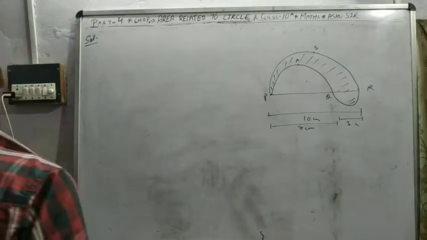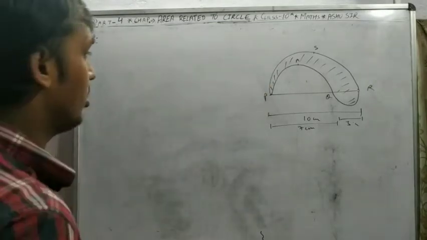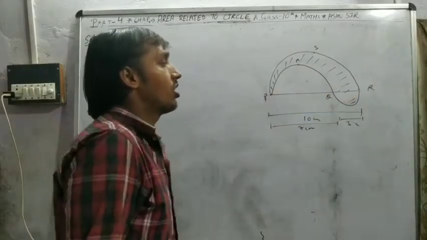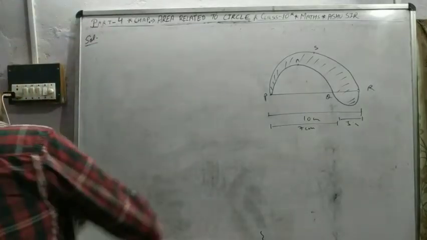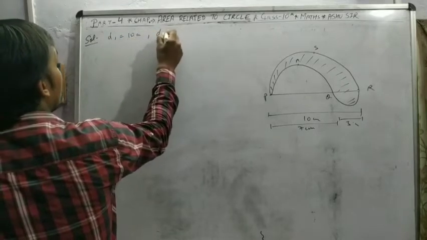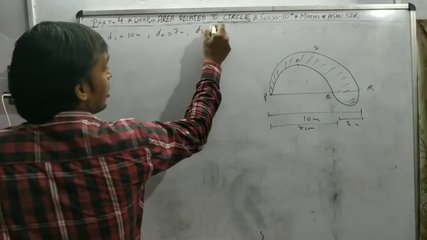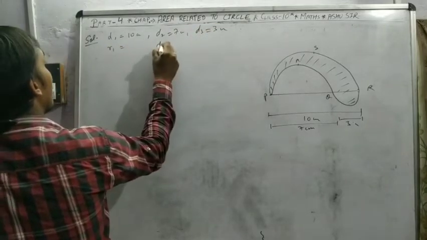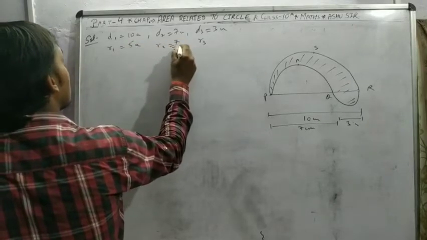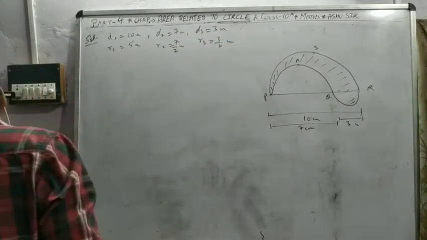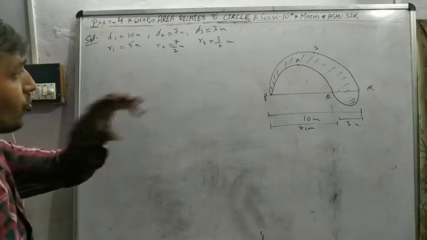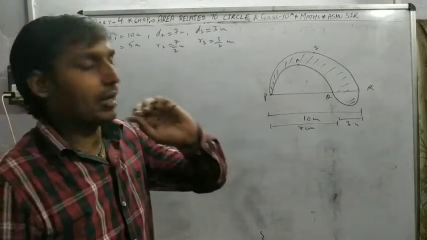PSR, PT, RTQ, PAQ are semicircles. The big diameter is 10 centimeters, this diameter is 7 and this diameter is 3. So D1 is 10 centimeters, D2 is 7 centimeters, and D3 is 3 centimeters. So R1, R2, and R3 are 10 by 2, 7 by 2, and 3 by 2 centimeters. Find the perimeter of the shaded region and also find the area.